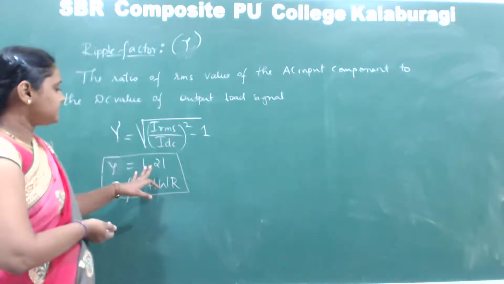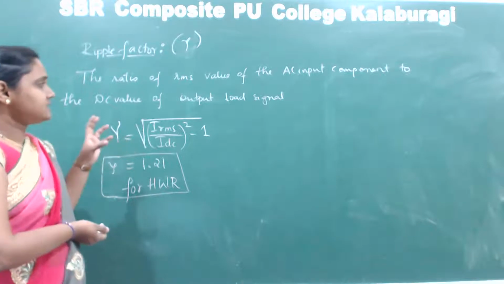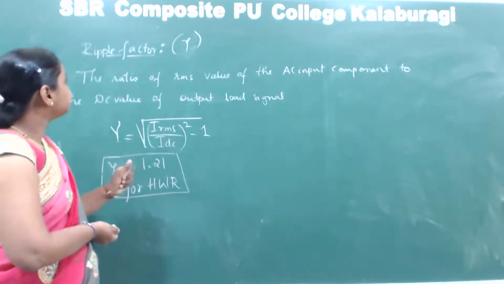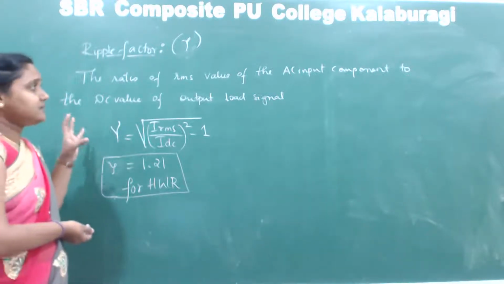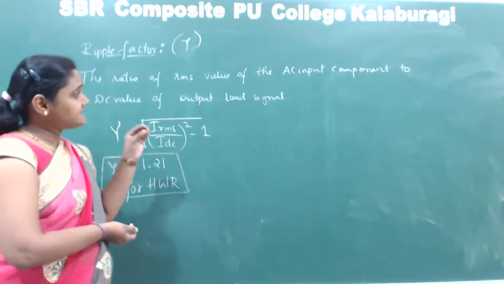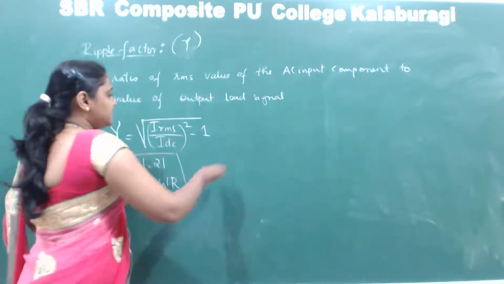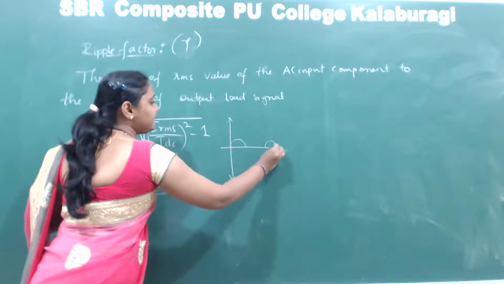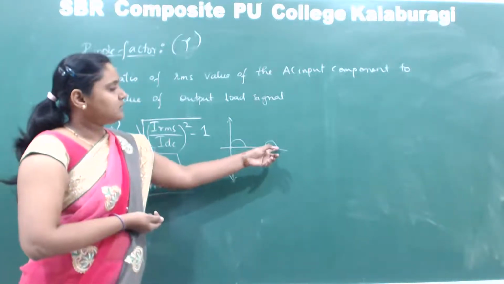For the half wave rectifier it is 1.21, and it will definitely reduce for the full wave rectifier because the ripple content is going to be reduced. Ripple is basically the presence of AC still in the rectified form of DC. The rectified DC in the case of the half wave rectifier is not yet a complete DC; it still has variable values.